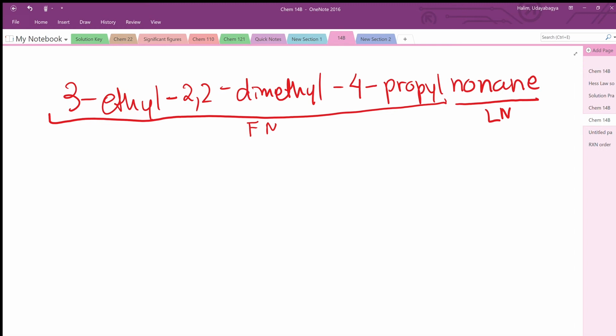We've done propane, which is 3. We haven't done ethane, but ethane is 2, methyl is 1. That looks about right, I think. Number 4, the tail is too long. 1, 2, 3.